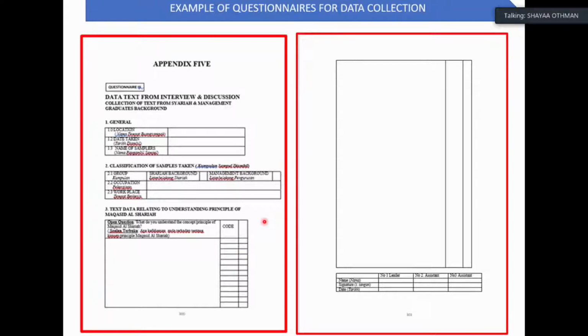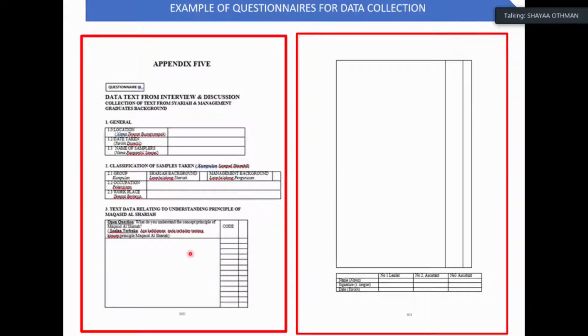For example, the talk of Sharia, maqasid of Sharia. When we talk to them, what is the perception? If you do a study of maqasid Sharia relating to management, how do they understand the two subject matters? Let them talk. Then you can quantify what they say by coding.